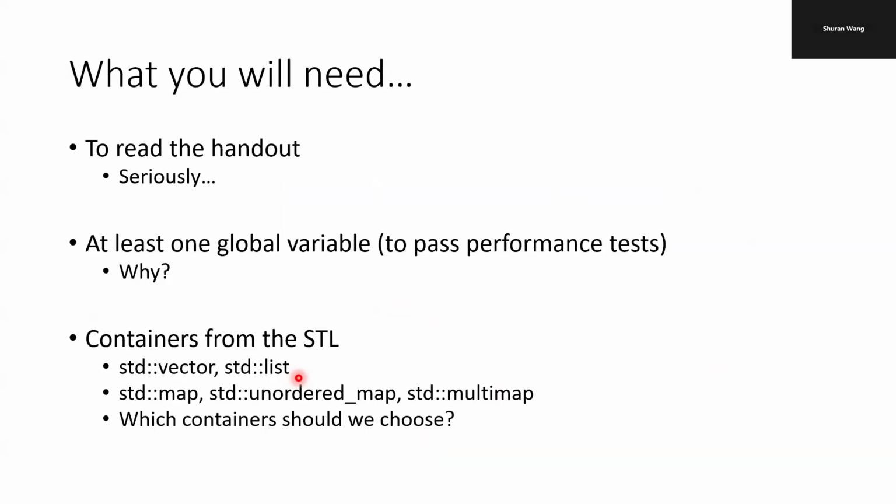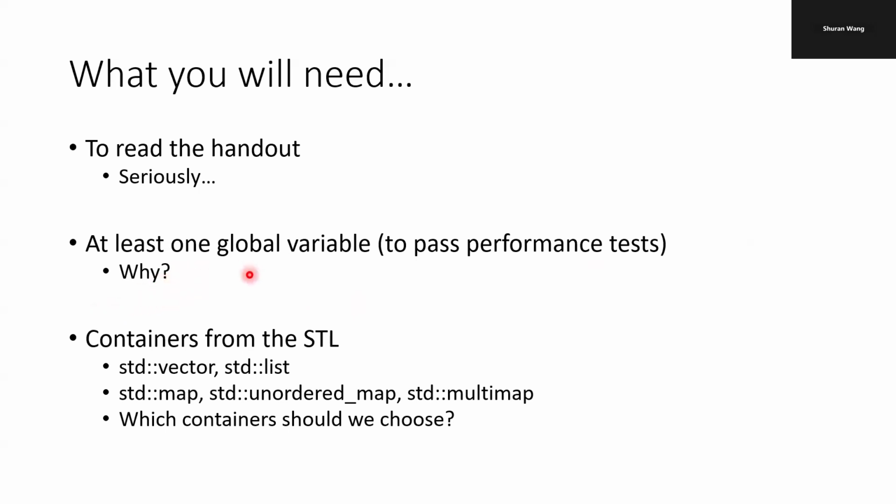To start milestone 1, you really need to read the handout from top to bottom. This is seriously what should happen. To pass your performance test, you will need at least 1 global variable.